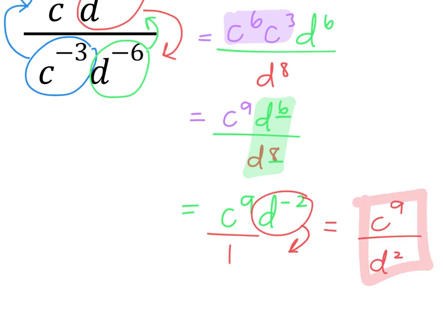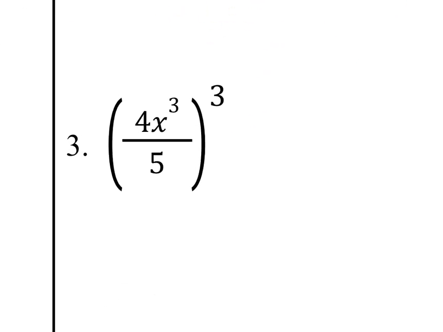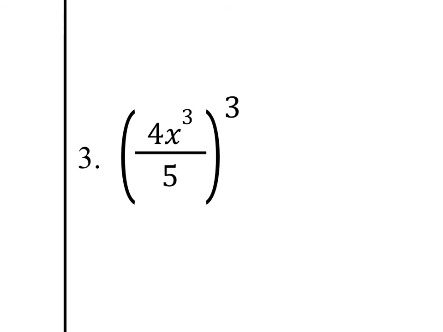Okay, number 3. Always look at the most inside part of those parentheses first. Can I simplify anything inside of that? The answer is no. So then you've got a power raised to a power, which means this power is being distributed to everything on the inside, even the thing in the denominator. So now I've got 4 to the 3rd power.